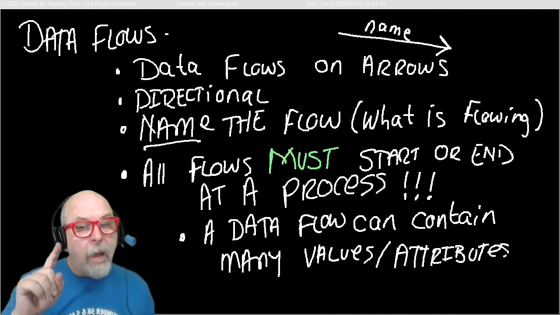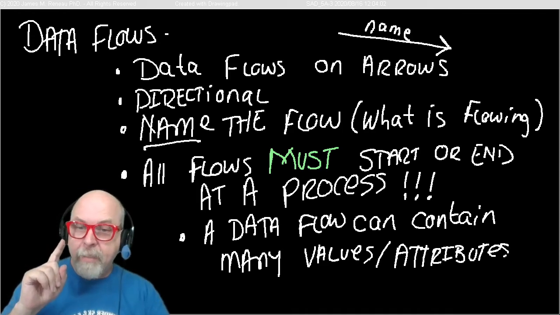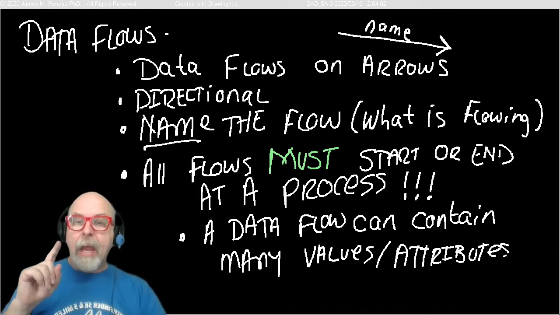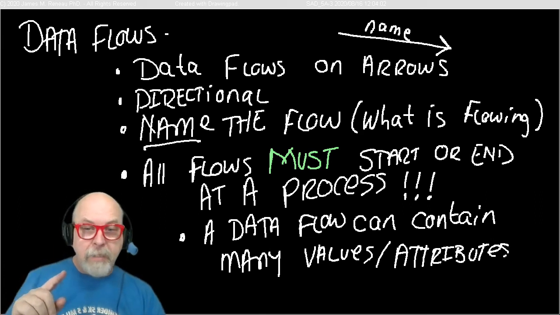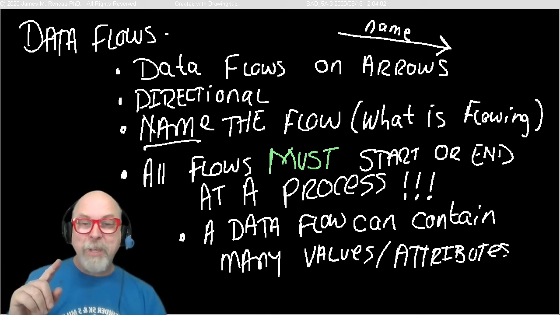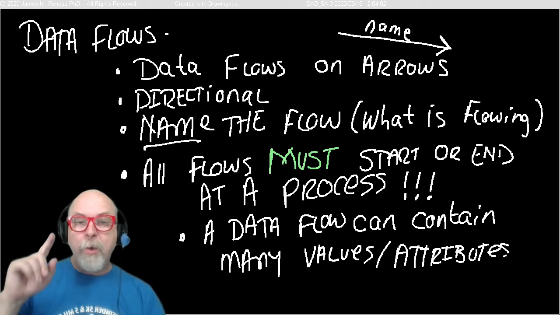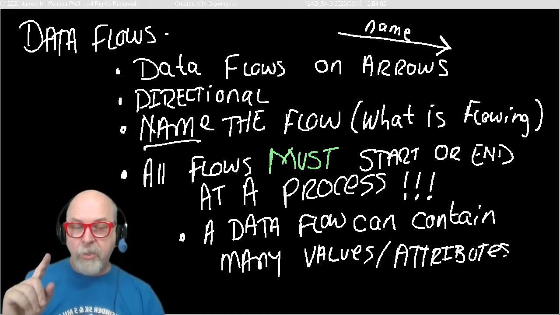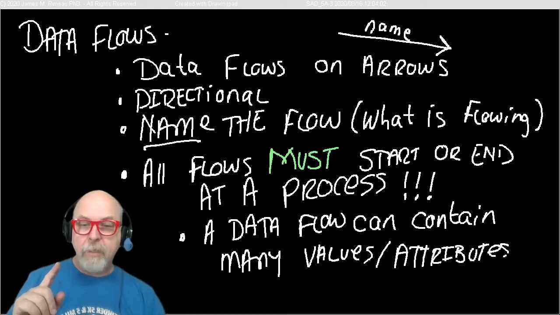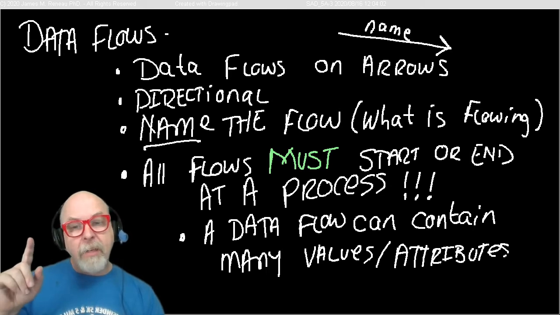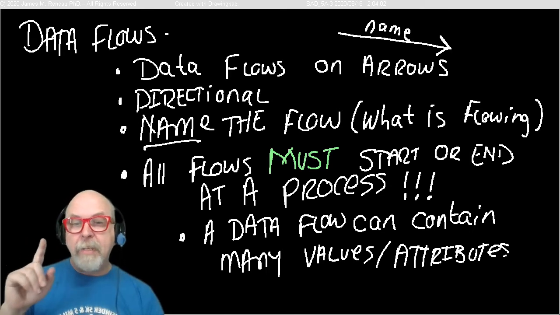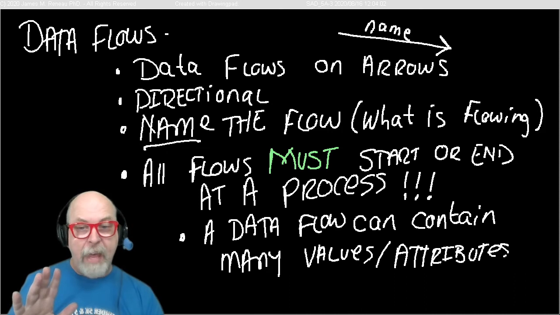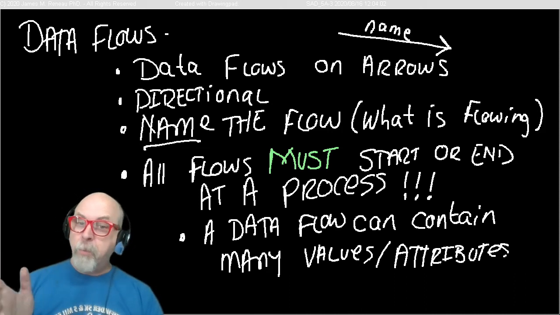Now, this is a rule. This is something that's an absolute, and many of you are going to make the mistake on your first few diagrams, but all flows must start or end at a process. So a flow from sink to source or a flow from entity to entity is not valid, because what moves the data?